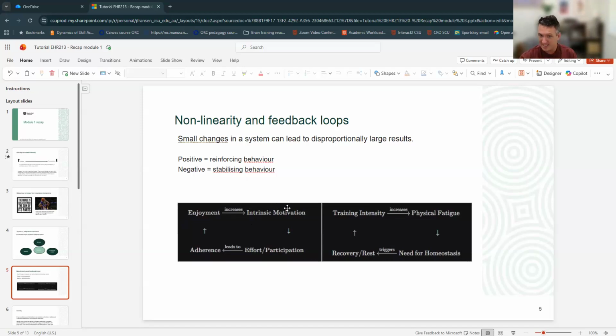Or if you wanted to accelerate someone's intrinsic motivation, for example, they're currently in a little dip and you want to figure out how you get them intrinsic motivation for an upcoming race in 3 weeks, then you can do that using these feedback loops. It just gives you a much broader perspective on the problem of performance or adherence, and it gives you a better understanding of how you can intervene.